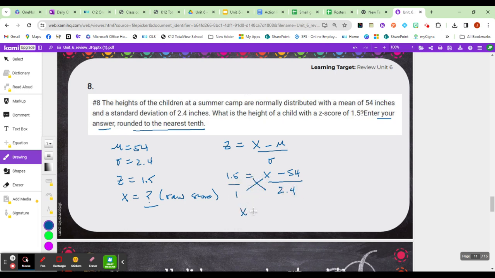I would cross multiply and get x minus 54 equals 1.5 times 2.4. That'd give me 3.6. I'd add 54 to both sides, and that would give me a raw score of 57.6. And that's what I got when I worked it last semester.